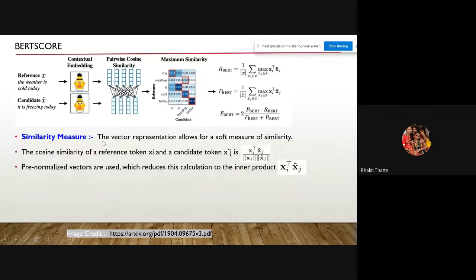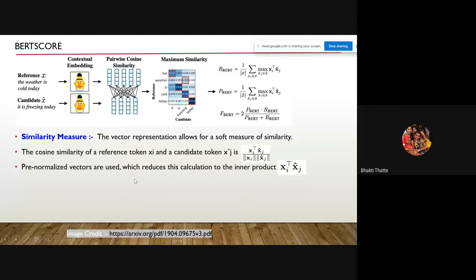Then the similarity measure. After we have the vectors, the similarity matrix will get generated.